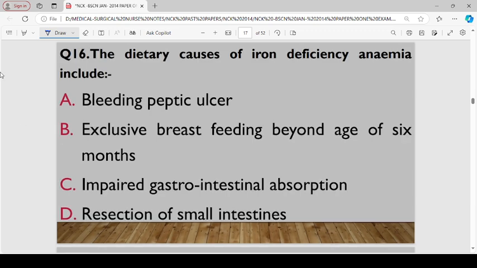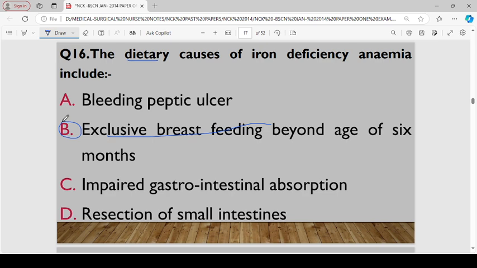The dietary causes of iron deficiency anemia, dietary, right? Bleeding is going to cause blood loss, so it's not dietary after all. Exclusive breastfeeding beyond the 6 months. I'm afraid this is maybe one of the best answers to be kept for consideration.